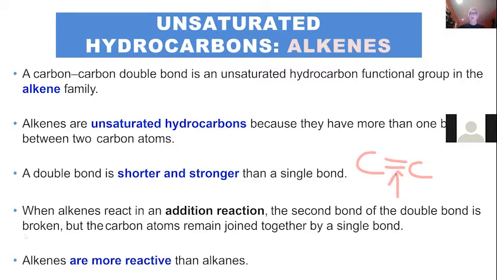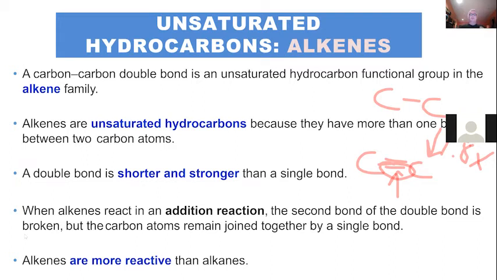And that's why this extra bond is easier to break than a single carbon-carbon bond, and it explains why it's more reactive. We can break a single bond of the double, but breaking both of them is more difficult. And the double bond is not twice as strong as a single. It's about 1.6 to 1.8 times the strength.